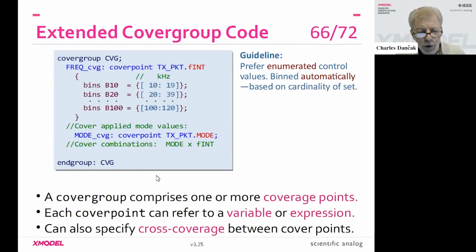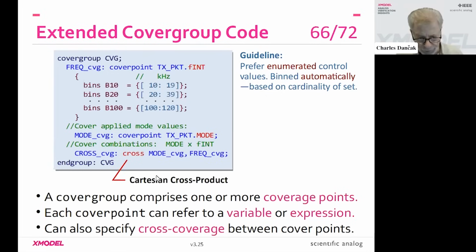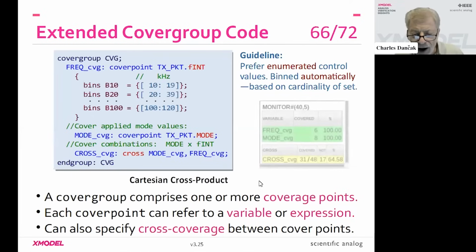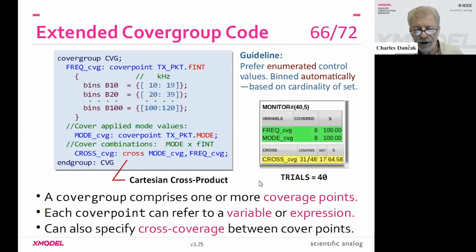But hey, we ought to also monitor the combinations of mode and frequencies that we've covered. This is called cross coverage and uses the keyword cross. And so 8 modes times 6 frequency bins, a total of 48. As it turns out, that's not as easy to hit 100% coverage.